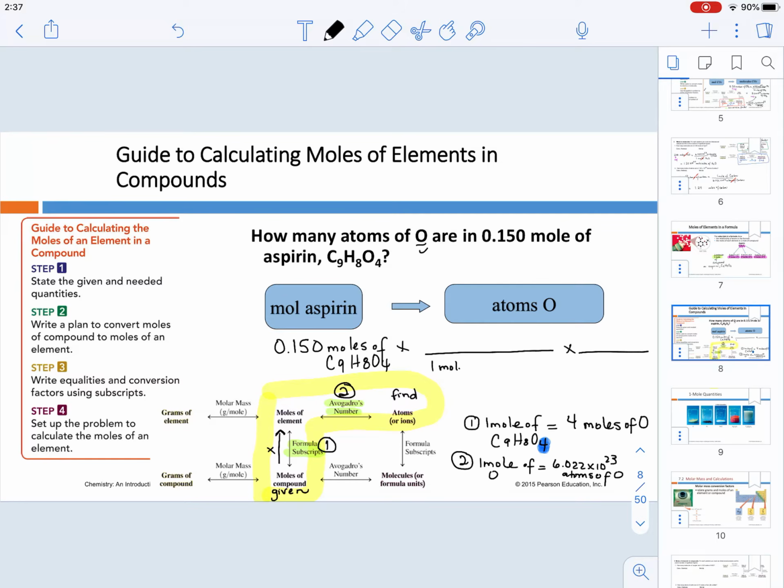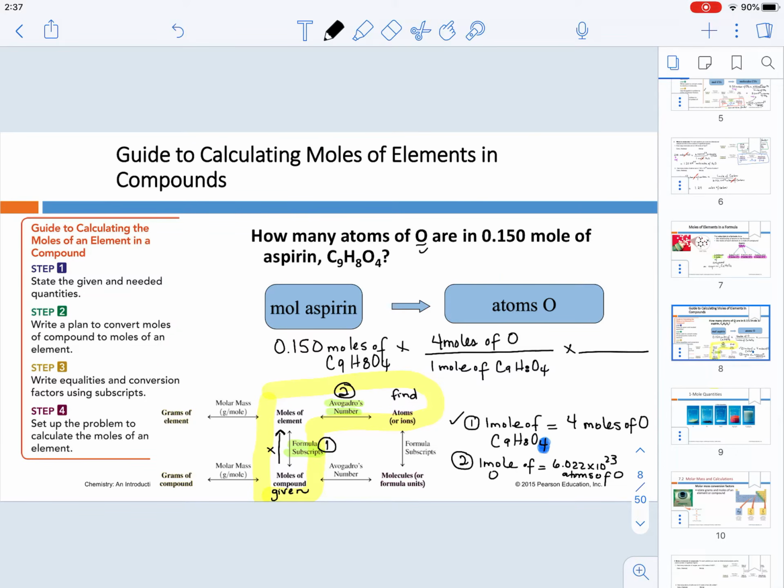So down here, I'm going to write 1 mole of C9H8O4. And on top, I'm going to write what is equal to 4 moles of oxygen.